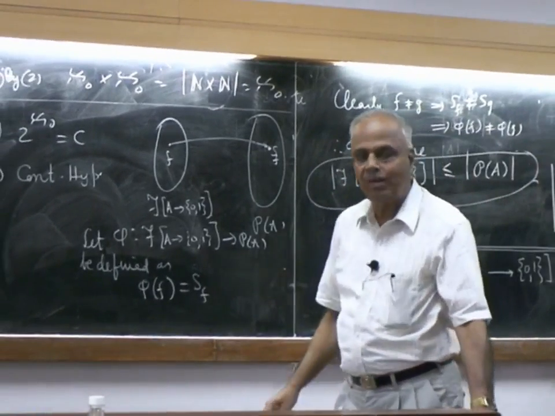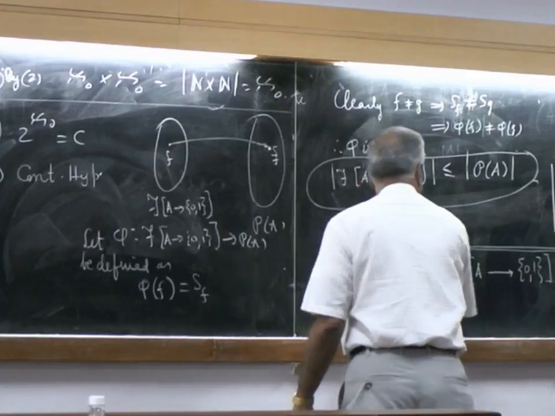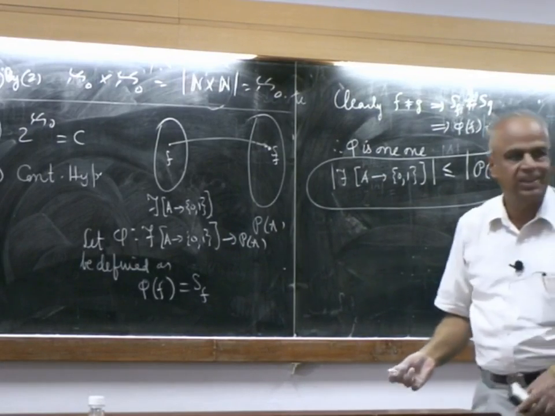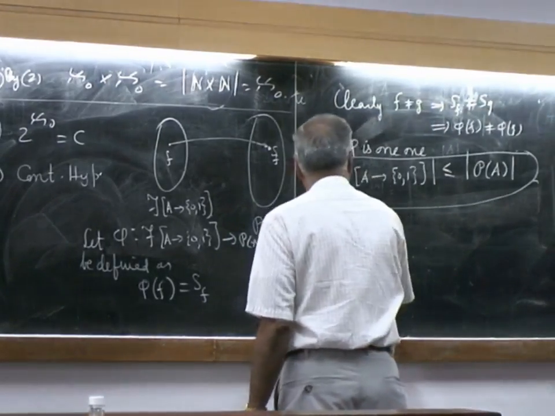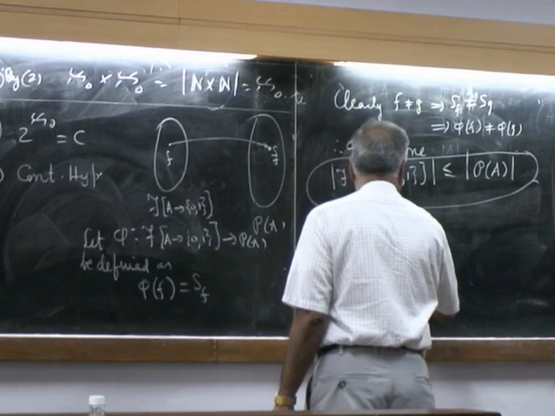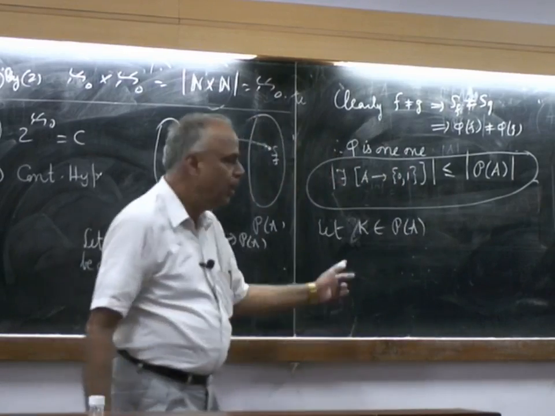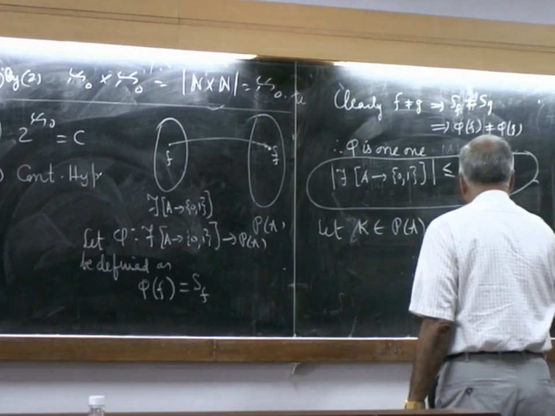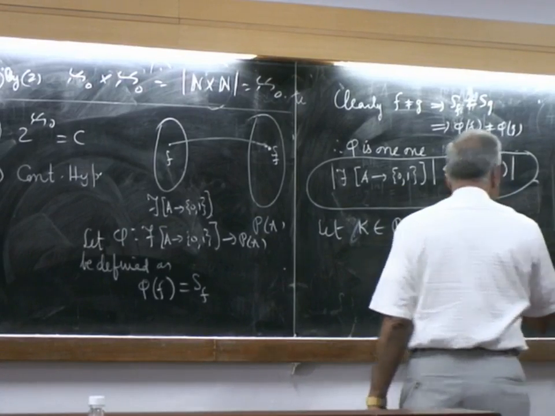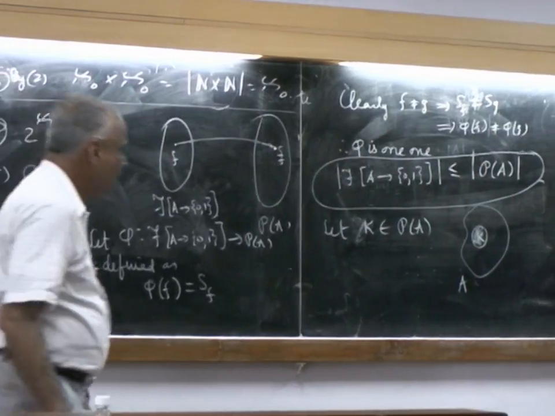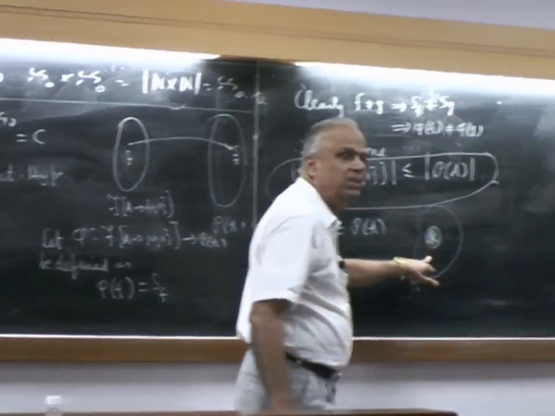Now we look at the other way around. We looked at a function and constructed a set. Now we look at a set and construct a function. So let K belong to P(A). What does that mean? Here is A and K is a subset of A. Now construct a function for which this is the support.